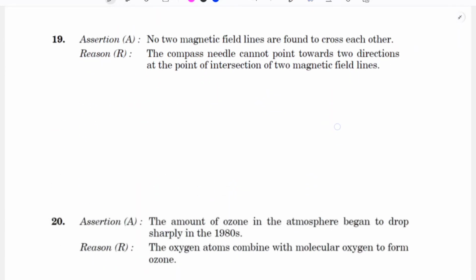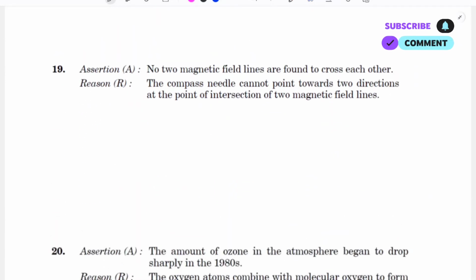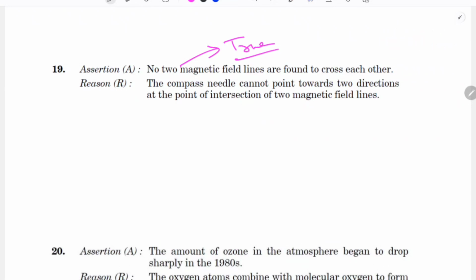Now we go to question number 19. Assertion: No two magnetic field lines are found to cross each other. The assertion is true because two magnetic field lines never intersect, that we know. And the reason: the compass needle cannot point towards two directions. A compass needle points only in one direction, so it cannot point to two directions at the point of intersection of two magnetic field lines.